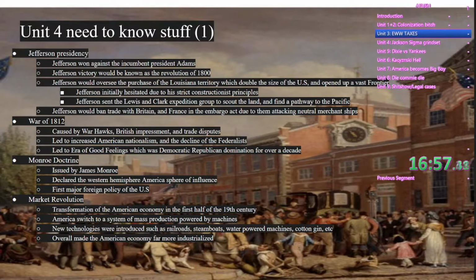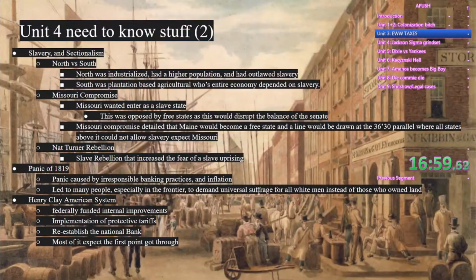So speaking of the differences between the North and the South, you have slavery and sectionalism now. North and the South, we already mentioned it. North, more industrialized, had a higher population, mostly outlawed slavery. South, plantation-based agriculture, whose entire economy depended on slavery.